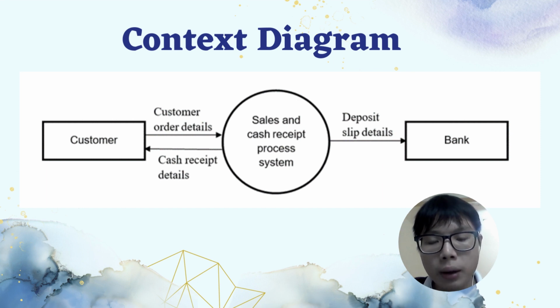The customer will give the order details to the sales and cash receipt process system. After going through the system, it will send the deposit slip details to the bank and send back the cash receipt details to the customer.